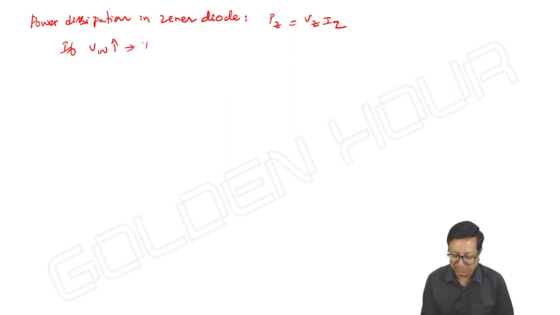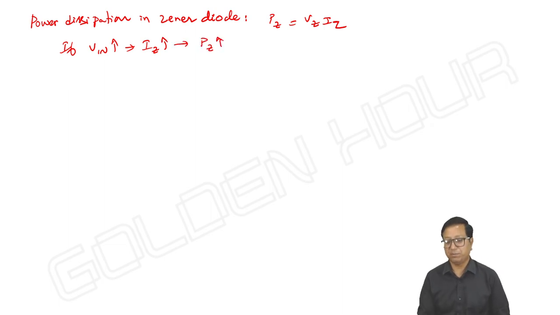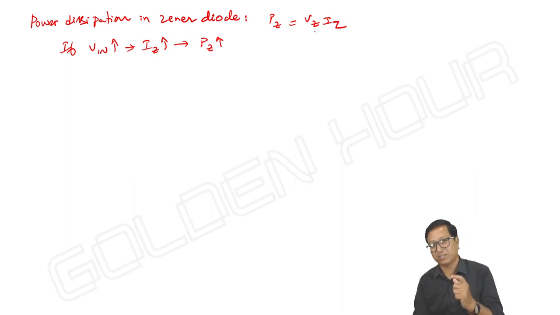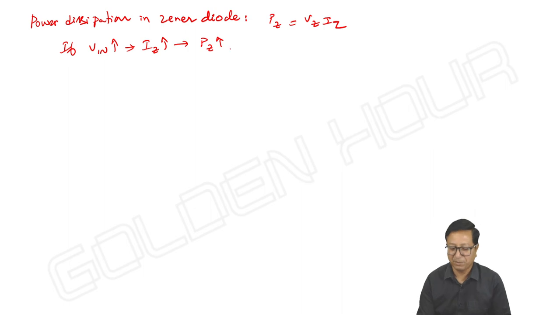Vz is constant, but Iz keeps on increasing, which implies Pz keeps on increasing. The voltage across the diode is constant, but the current through it is increasing, which causes the power dissipation in the Zener diode to rise.